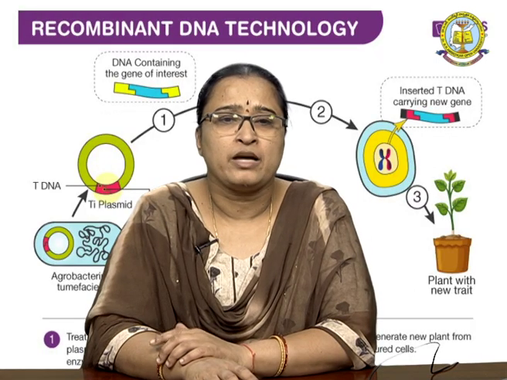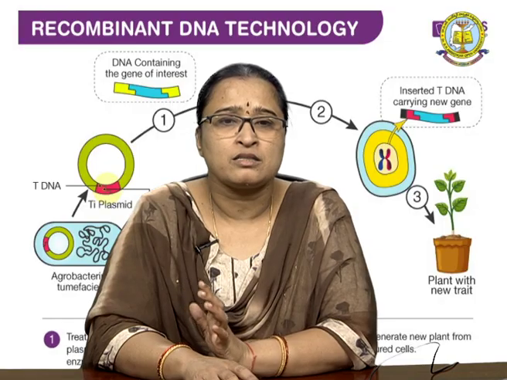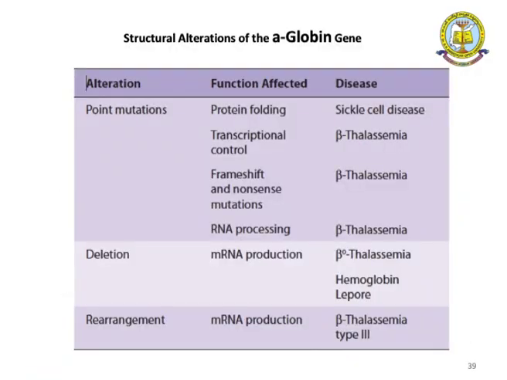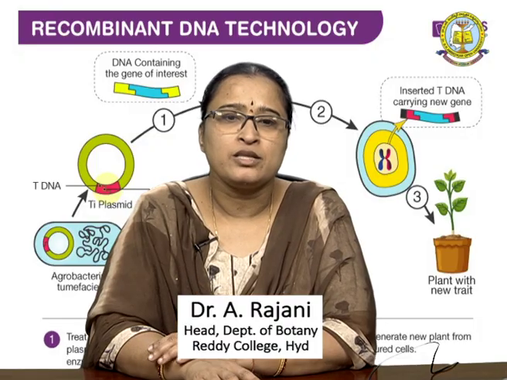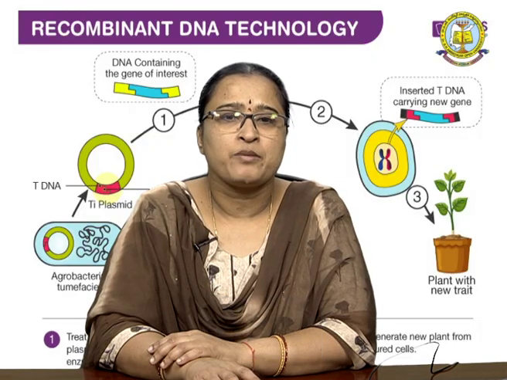This table discusses the total structural alteration of the globin gene, that is point mutations, deletions and rearrangements. Here the point mutation is called sickle cell disease, and these are the schematic positions.